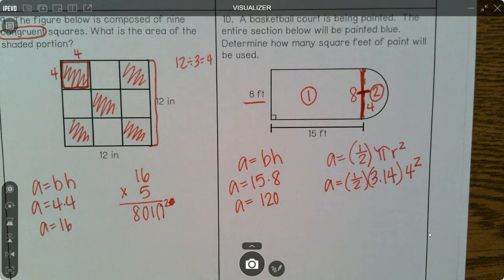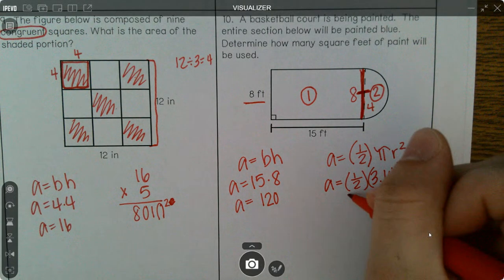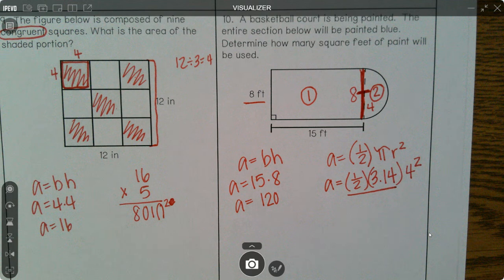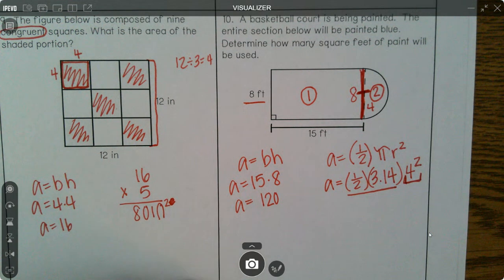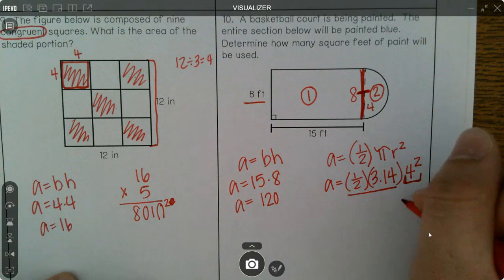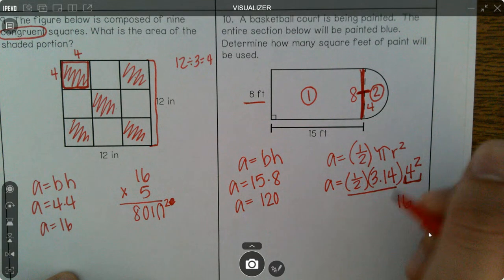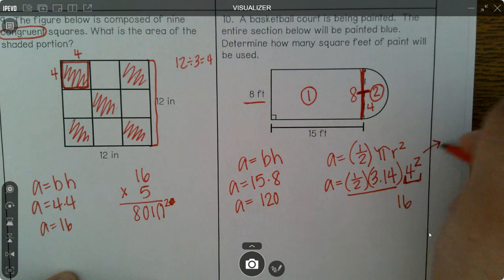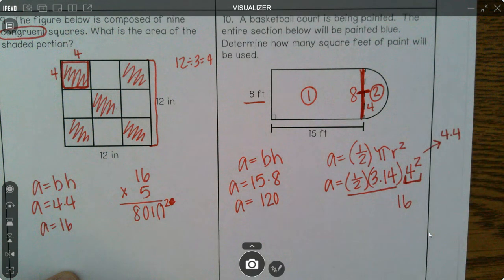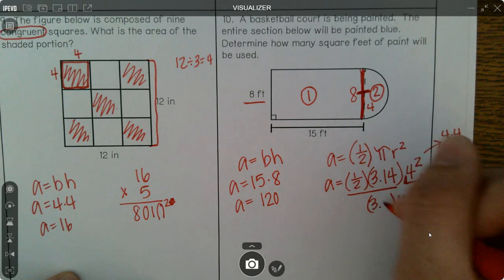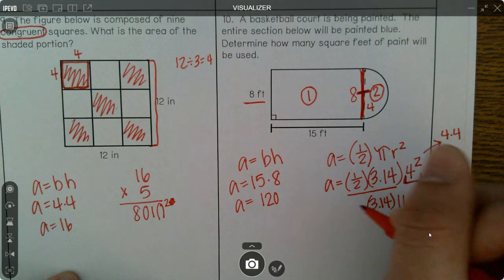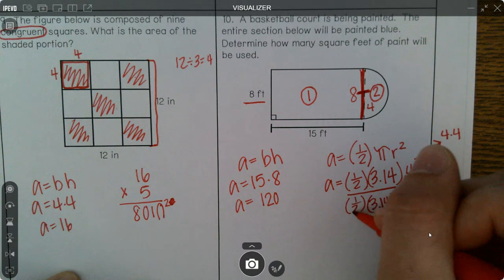So when I finish, I actually would solve my exponents first. Exponents would come before multiplication. So I'm going to bring down 16 because 4 squared represents 4 times 4. And then I have times 3.14 times 1/2.